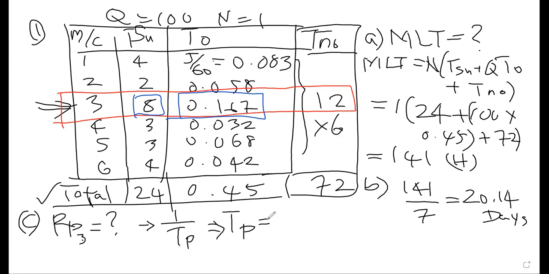TP equals the T batch production divided by quantity. The quantity is 100 units. So for T batch production for operation 3, we calculate 24.7 divided by 100.